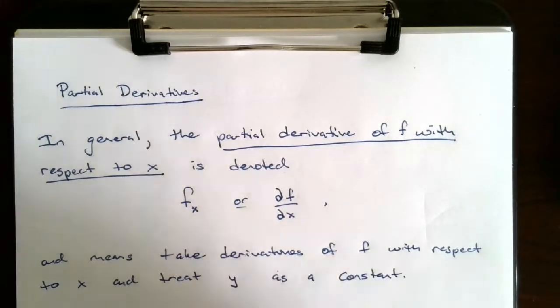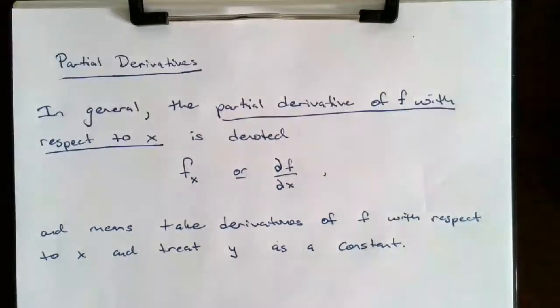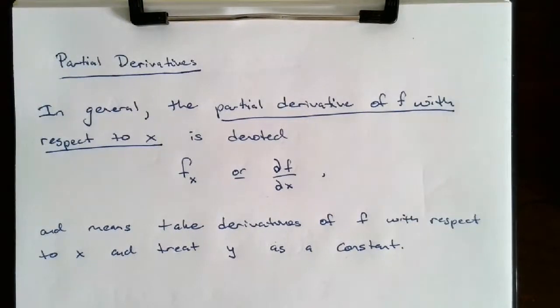So we don't act as if y is a variable anymore; we treat it as a constant if we're taking the partial derivative with respect to x. It really is saying take derivatives with respect to x, and anything else that's not an x you treat as a constant. I'm calling it y here, but it could be other variables.